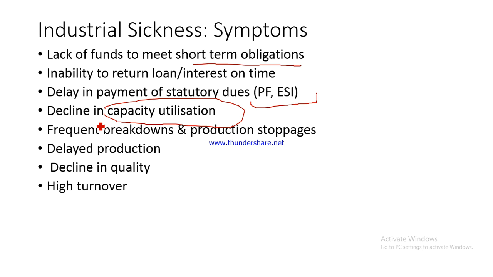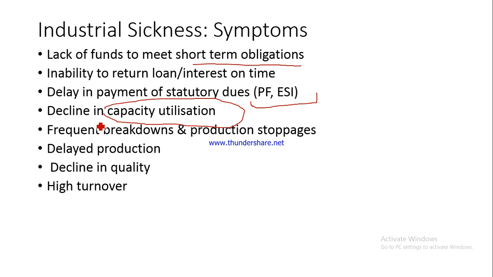I hope you remember turnover is a term that we've studied in human resource management. So there would be a lot of attrition. Basically I want to say voluntary movement outside the company. People would exit the company voluntarily, just because they don't find the firm providing them long-term stable employment, just because the firm is not doing well.